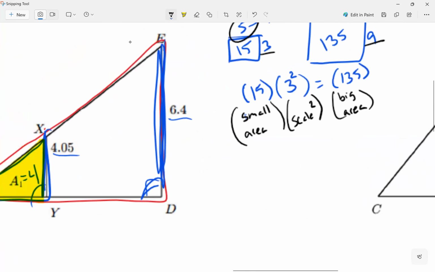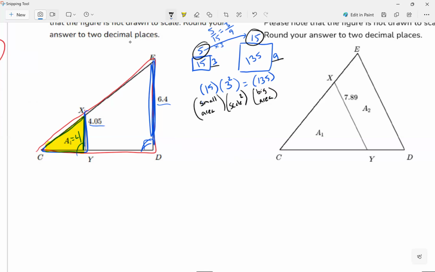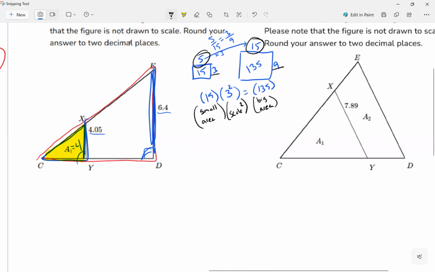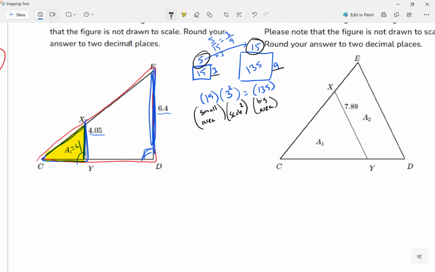Okay, so let's take a look here. How am I going to work question number 15? My small area, remember I have to do small area times scale is equal to the big area. So my small area is 4. My scale, I'm just going to go 6.4 divided by 4.05 squared.